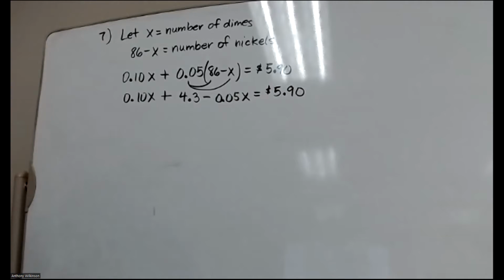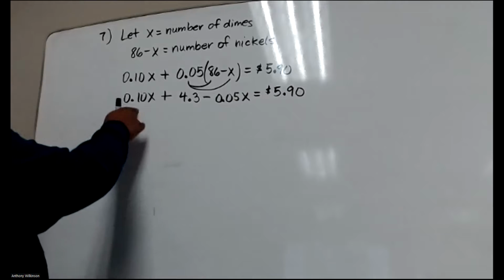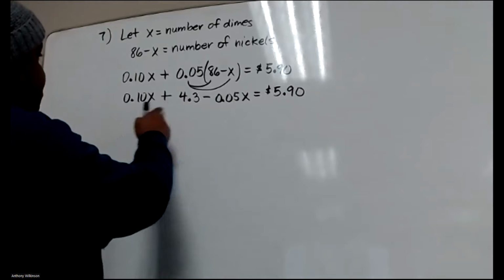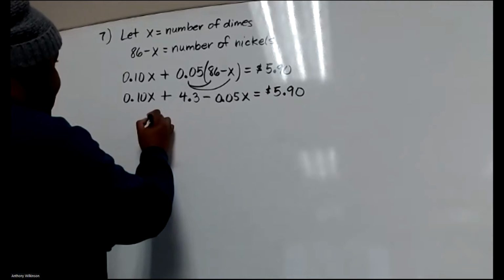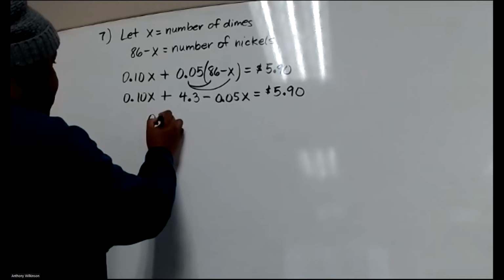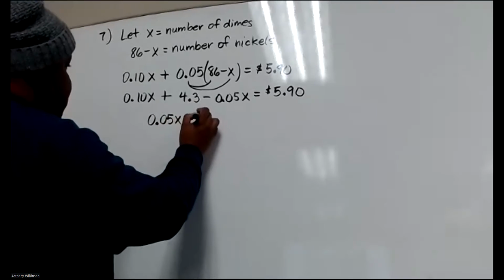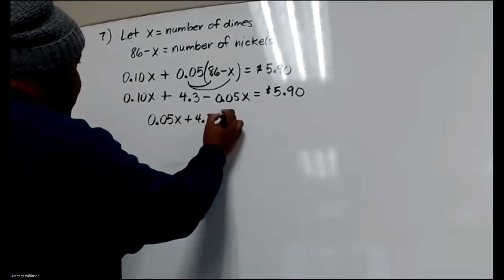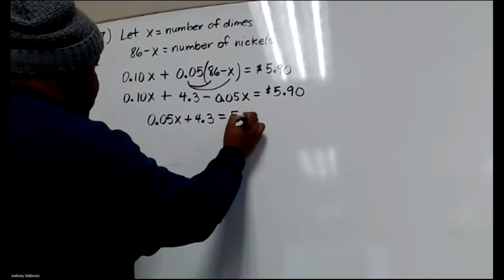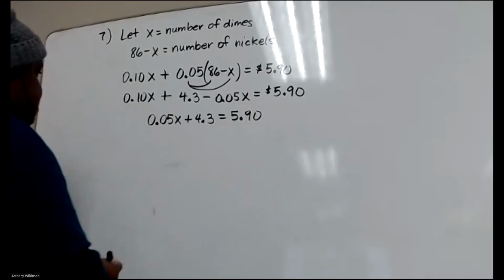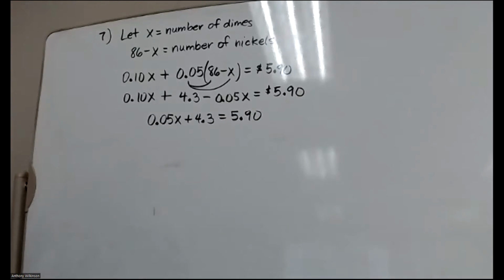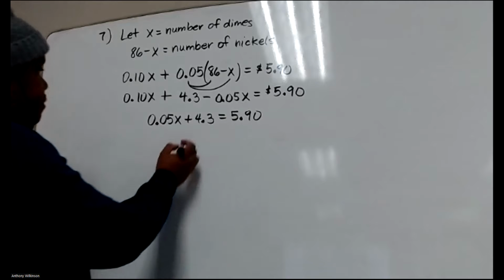And then we solve for X. Well, combine like terms here, 0.10 minus 0.05, X will be 0.05X plus 4.3 is equal to 5.90. Now to get 0.05X by itself, what would I need to do here?